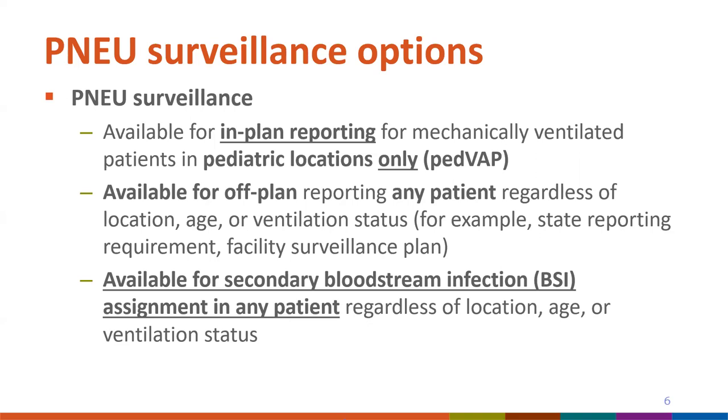New surveillance is only available for in-plan reporting from mechanically ventilated patients in pediatric locations. However, new surveillance can be performed off-plan for any patient, regardless of age, location, or ventilation status. And the new definition is available for secondary BSI assignment for all patients.